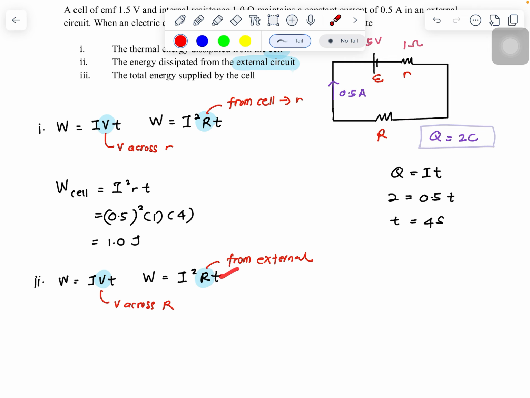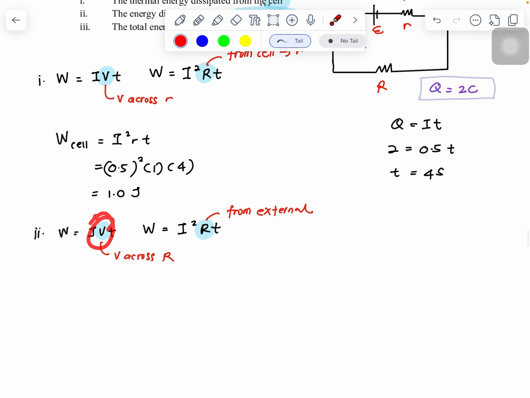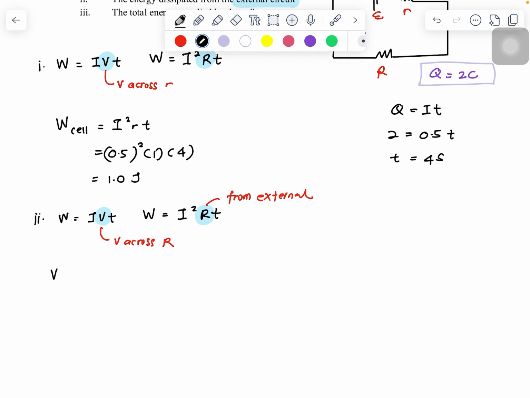Time tetap sama macam Miss cakap tadi. Okay, masa dia tidak akan berbeza lah. Current pun akan sama juga. Okay, so voltage we can find using the formula from the 3.4, the one that we learned before. Okay, since dia adalah voltage across external, right? Ingat balik the one that we learned in lecture. Okay, formula ni V equal to EMF minus IR.